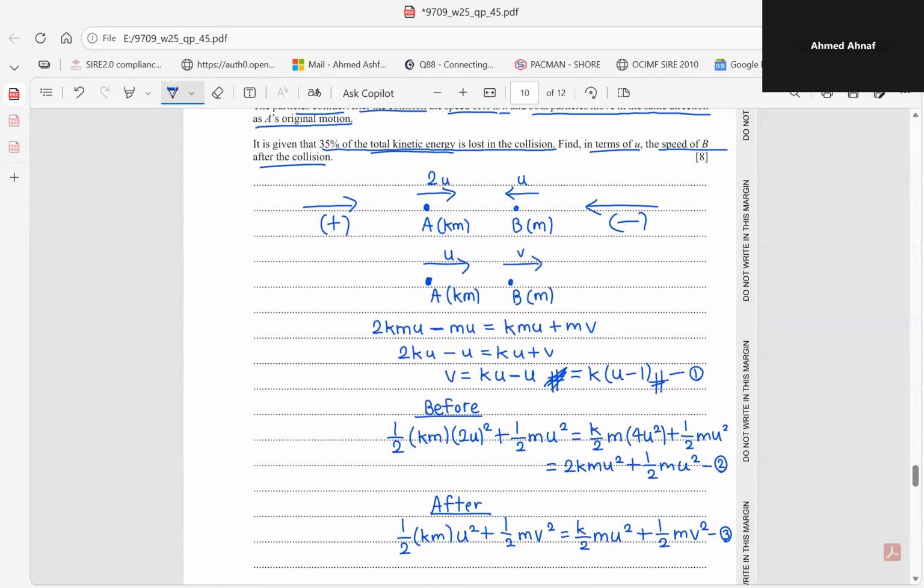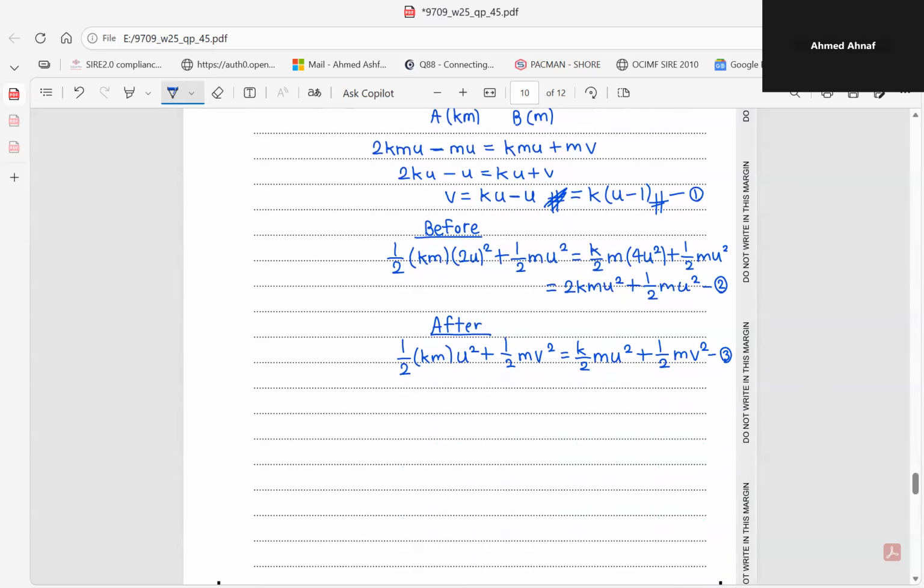Okay, so now 0.35 loss, that means 65% of the original kinetic energy is retained in the kinetic energy after. So this is going to be 65%, which is 13 over 20 times 2kmu squared plus half mu squared equals to kmu squared plus half mv squared.